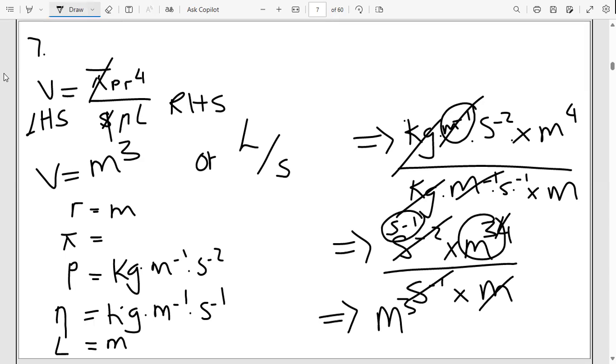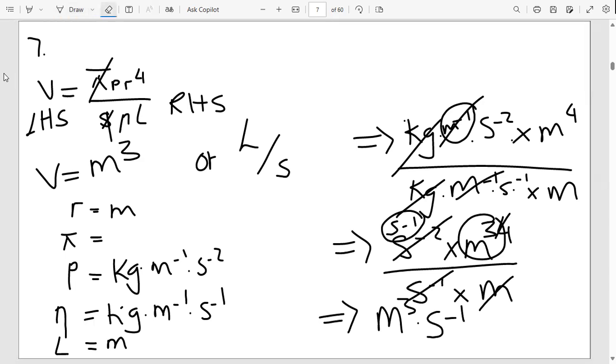All the things remaining on the numerator: m to the power 3 multiplied by second to the power minus 1.